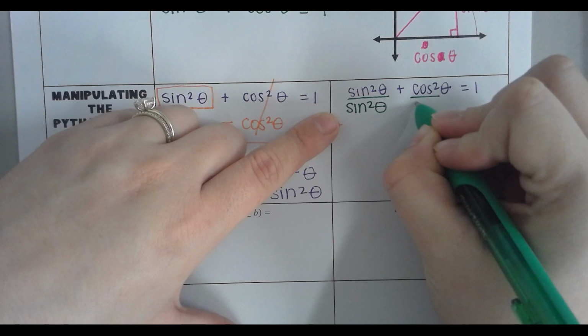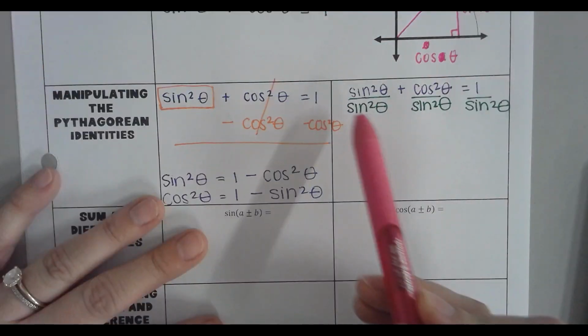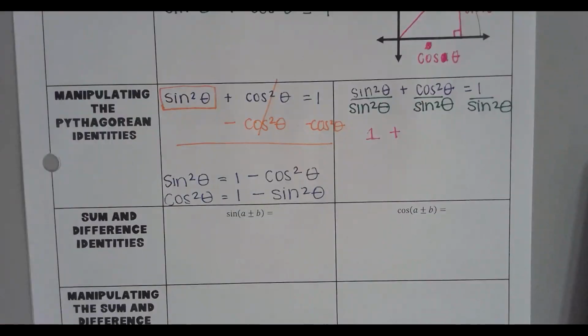You could technically divide anything, divide them all. Specifically, you will see it dividing it all by sine squared theta. Divided by sine squared theta, 1 over sine squared. Cosine over sine, we just talked about it. It's cotangent.